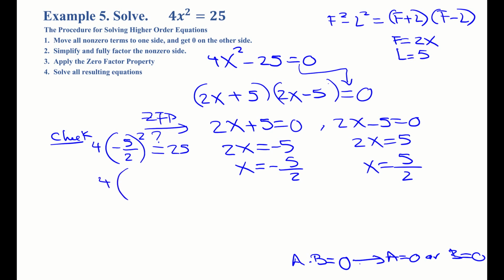So 4 times, now we know negative 5 squared is just going to be positive 25, and we know 2 squared is 4. So we want to know if 4 times 25 over 4 is 25. And of course, the 4's cancel out, you do end up with 25 equals 25. Once you get this identity, an identity is an equation which is always true.